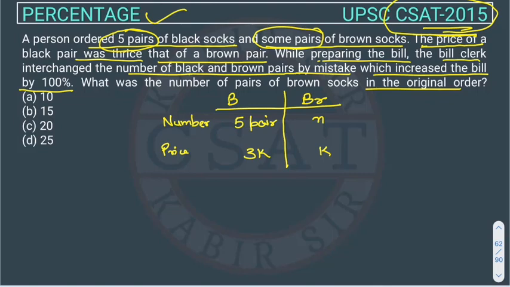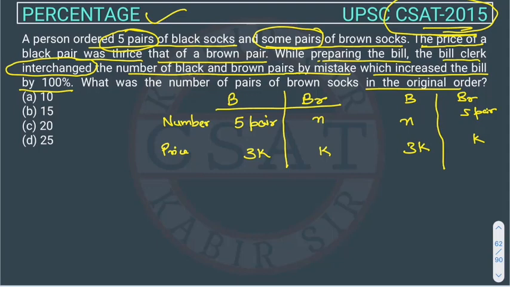But what did the clerk do? He gave him n number of black pairs and 5 pairs of brown, right? So he interchanged. What did he interchange? Not the price but the number of black and brown pairs, right? By mistake. Because of this, the bill increased by 100%, right?